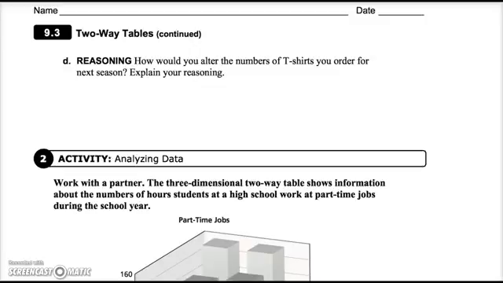Now, in the very first example that we looked at with how many shirts you had left over, it said you had 65 shirts left over. So, first thing I'm going to say is you don't need to order as many shirts next year.